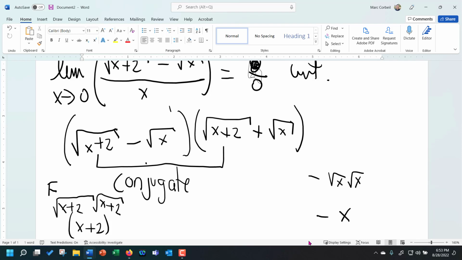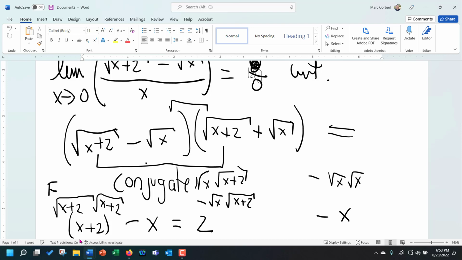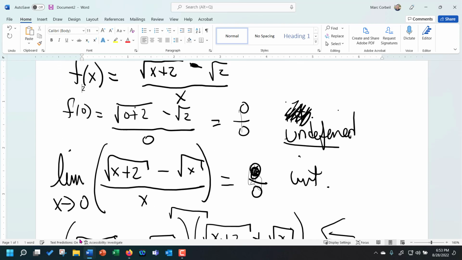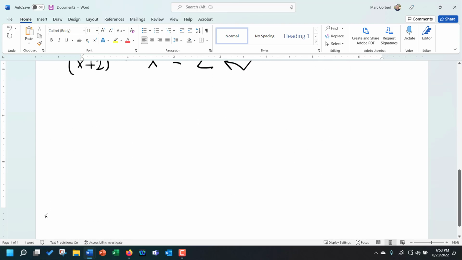And the middle terms are going to cancel each other out. So when I multiply the radicals, I'm just going to get x plus 2 minus x. And when I do that, I'm just going to get 2. So this piece is going to reduce greatly to the value 2.